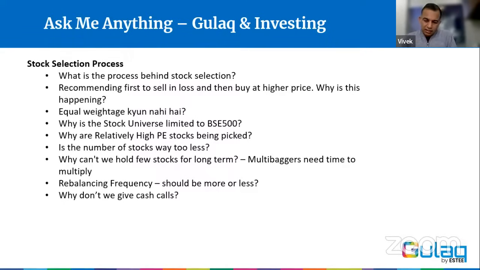But our optimization, or the way we pick stocks, the way we are rebalancing on a monthly basis, we'll never be able to pick multi-baggers, but still we'll be able to generate those higher returns, because even the stocks that are not performing, we'll be able to exit at a very fast pace.